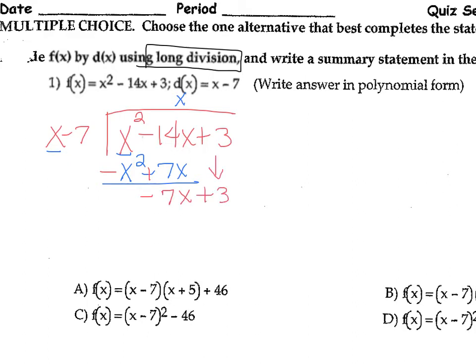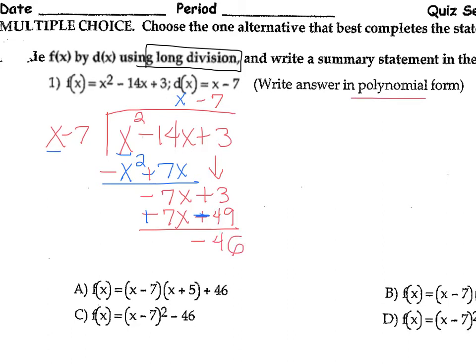Then what number multiplied by x gives negative 7x? That's negative 7. Negative 7 times x is negative 7x. Negative 7 times negative 7 is positive 49. Then you change the signs, and then you combine the numbers. So that would be negative 46.